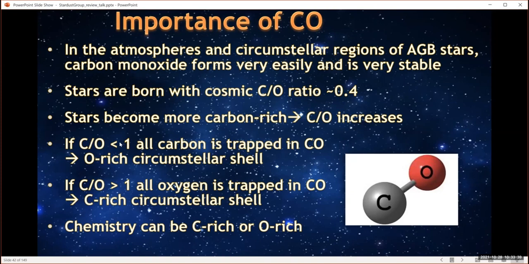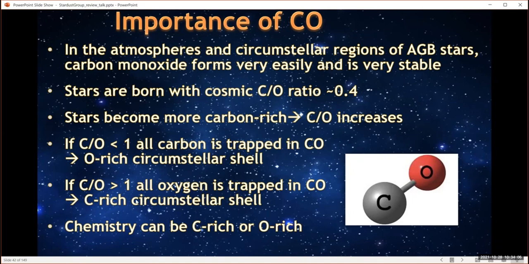If the carbon is less than the oxygen, then all of the carbon is going to be trapped in CO. You're going to form lots of CO, and then you're going to have only oxygen left over to make dust and other molecules. But once you've made enough carbon and brought it up to the surface that your carbon to oxygen ratio is greater than 1, now all the oxygen gets trapped in carbon monoxide, and you only have carbon left over.